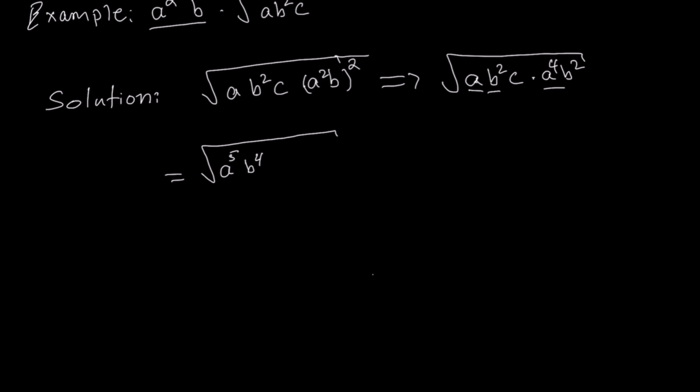We got c here. We don't have c on that side, so it'll be the same c. Okay, so that was not as bad as we thought, because we were just bringing this number inside the radical. So hopefully that was easy and helpful. We will move on to the next example, so stick around, guys.